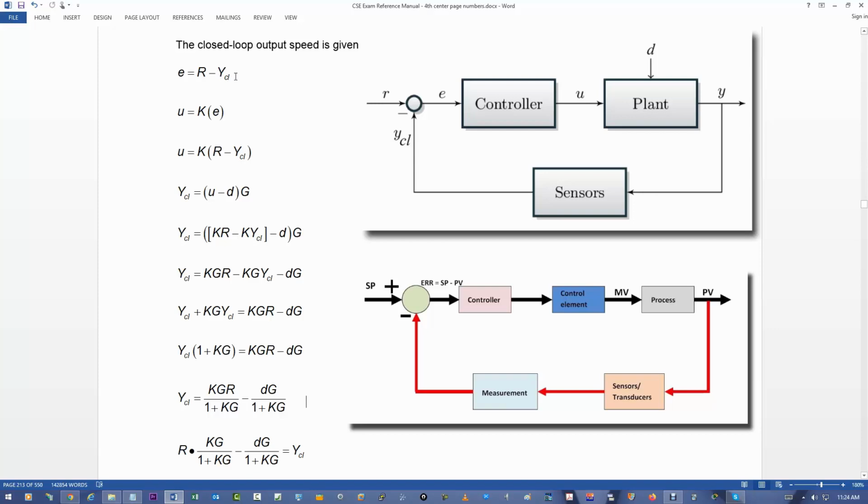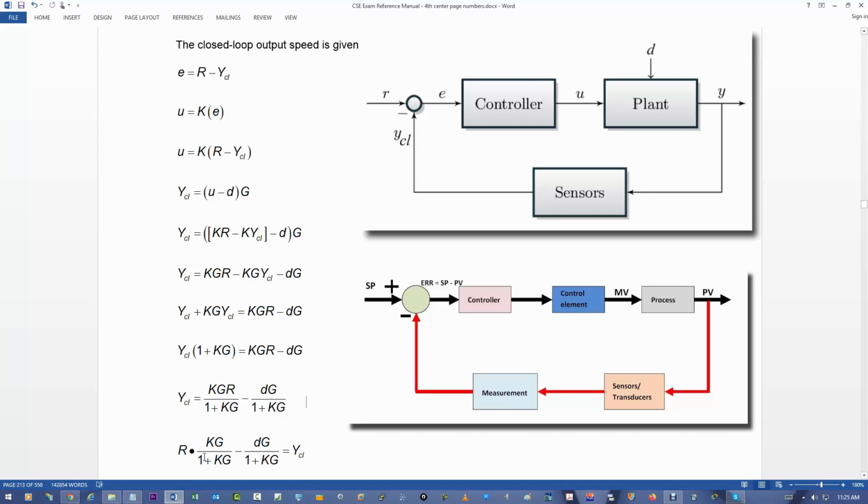It was a measurement. So if we had a sensor in the feedback loop, it would be H, and if it has a gain other than 1, like 0.99 or 0.75, we'd actually multiply H times YCL. But we're not going to do that here. We're going to ignore the transmitter and say it has a gain of 1.